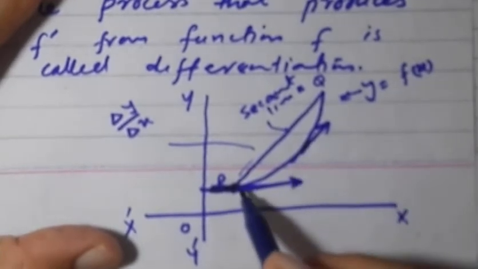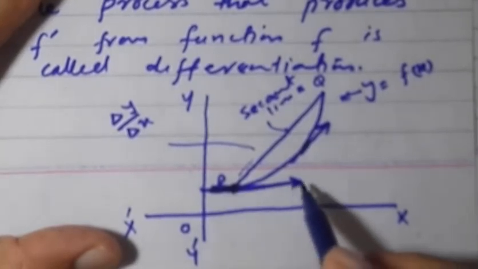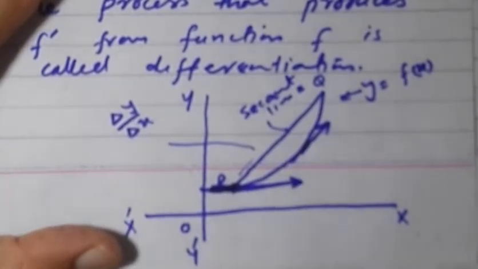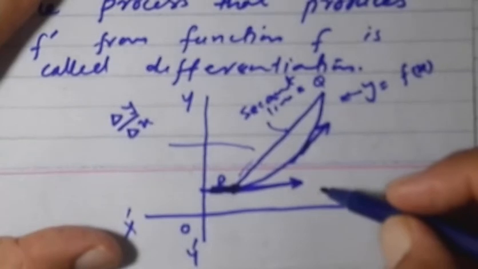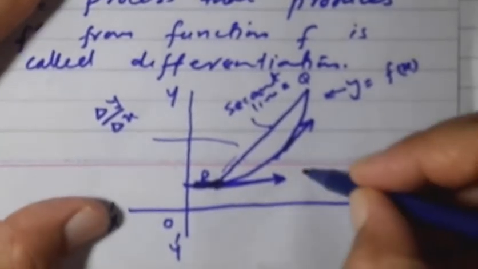Now the slope of this tangent line is called what? The slope of this tangent line is the instantaneous rate of change.